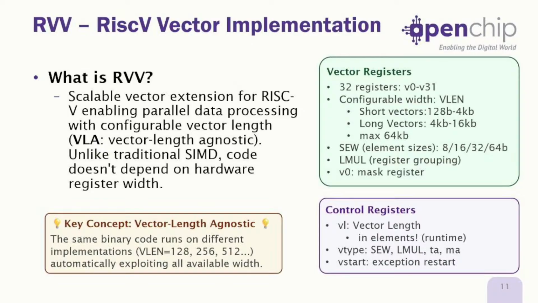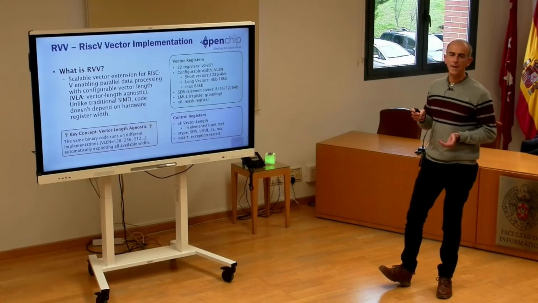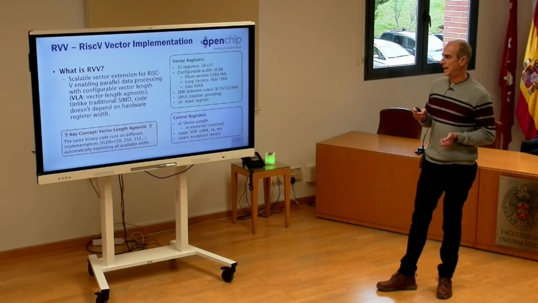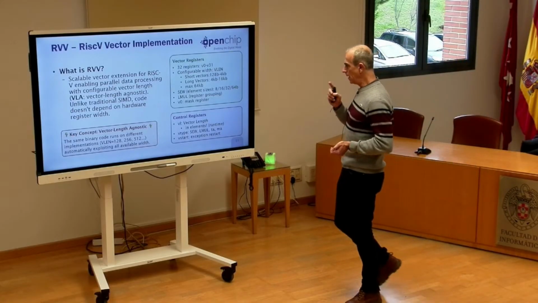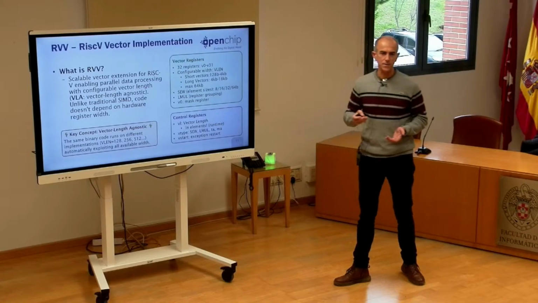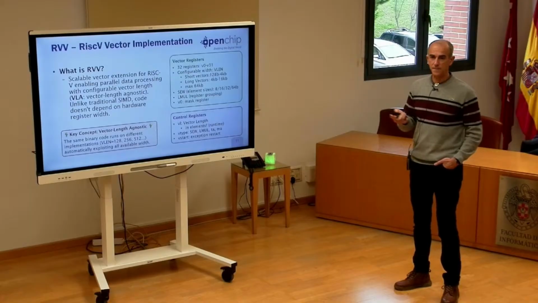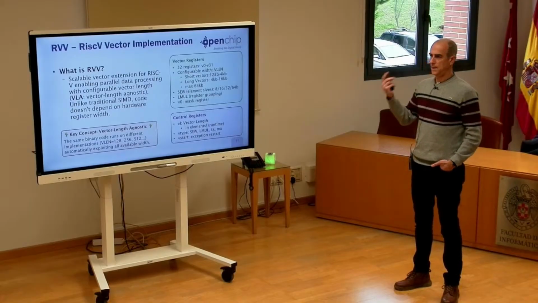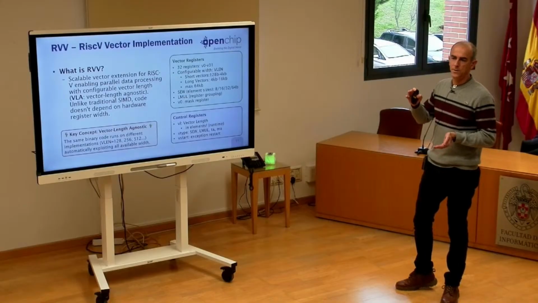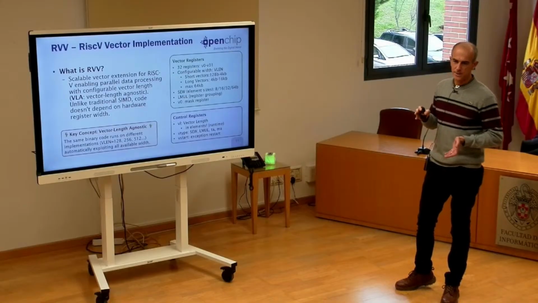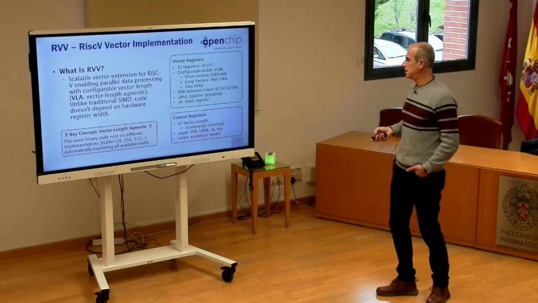This feature regarding the fact that you don't need to know when you write the code the dimension of the vector is called the VLA, vector length agnostic. So the code you write does not depend on the dimension of the vector. And this is very different from the SIMD unit you saw from the picture before, where you know how many data you can put inside a register in a SIMD unit. And this is not that flexible.